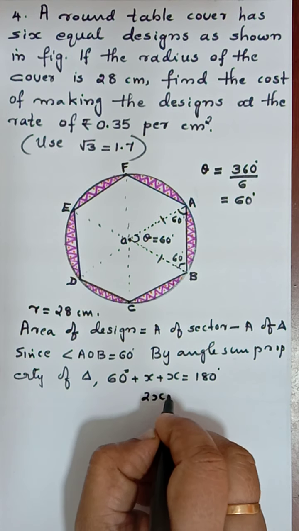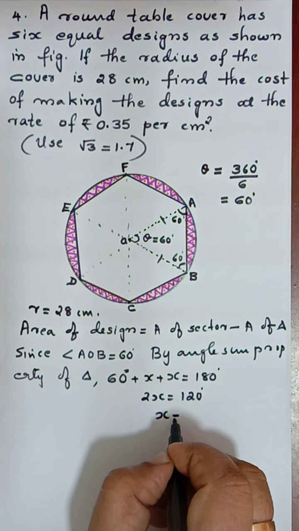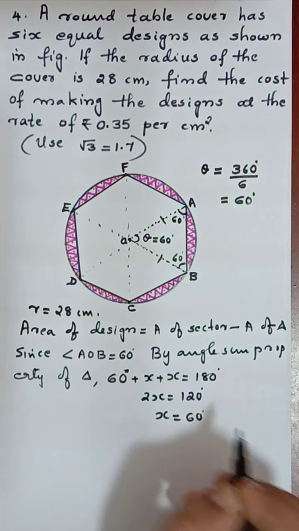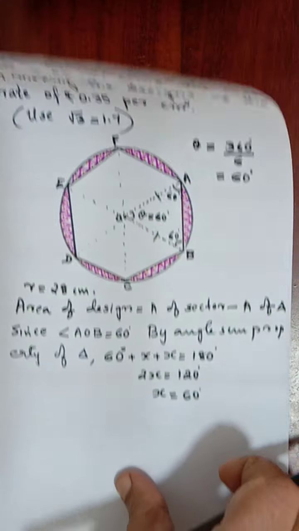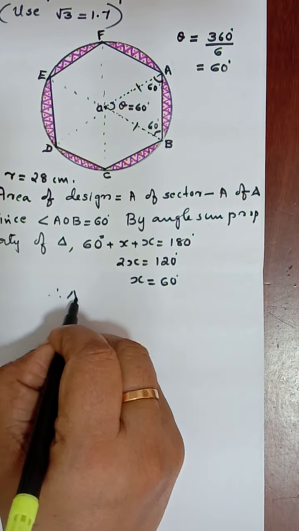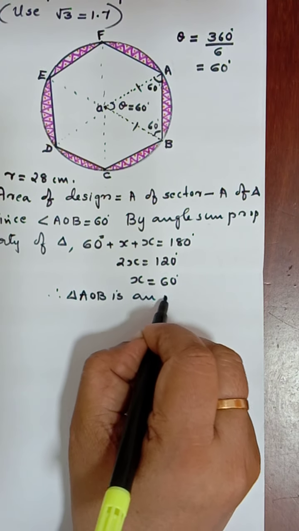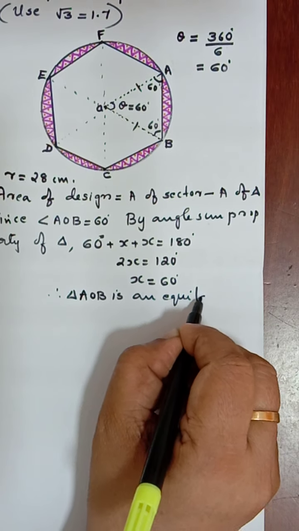So 2x is equal to 120 degrees, transferring 60 to the other side. x is equal to 60 degrees. Therefore, we write: triangle AOB is an equilateral triangle.